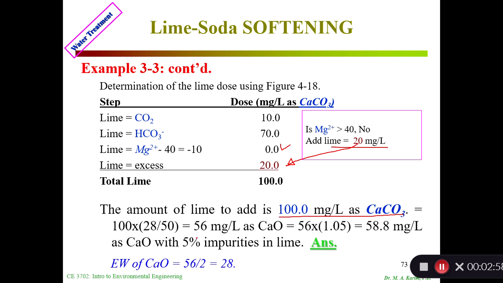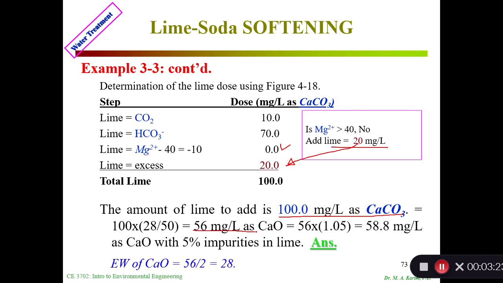Now we have to go back and convert it into as calcium oxide. The equation that we used to convert as calcium carbonate has the equivalent weight of calcium carbonate at the top. Now here will be the equivalent weight of calcium oxide, and this is the equivalent weight of calcium carbonate. That's why we are converting from as calcium carbonate to as calcium oxide.